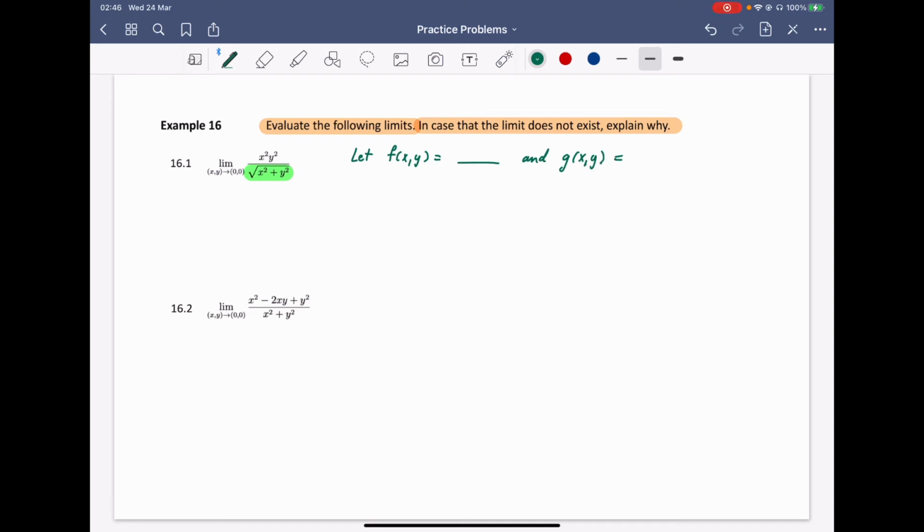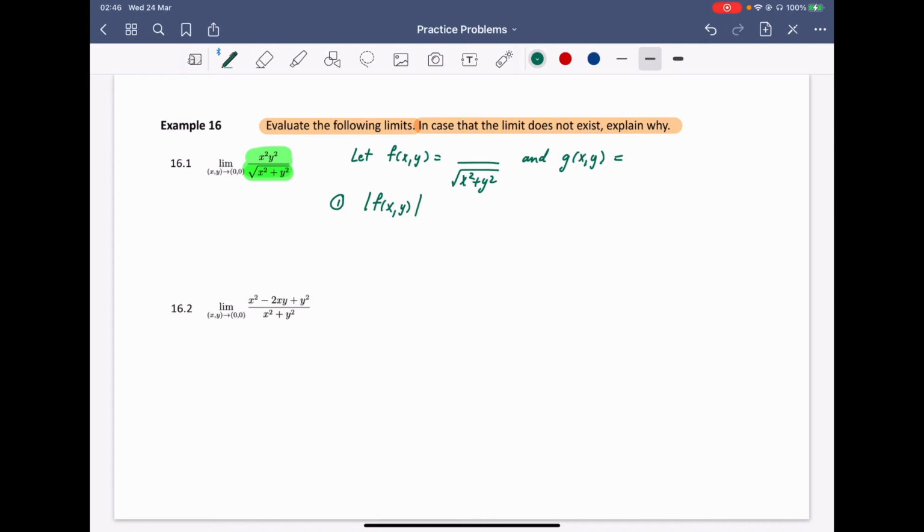Basically, we're going to split the expression that I highlighted in green into f and g. First of all, we're going to do as we did in class: keep x squared plus y squared with f, and then let's try to bound it first. So condition number one, we're going to compute the absolute value of f(x,y) here.